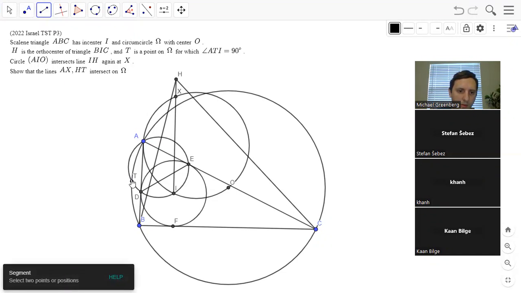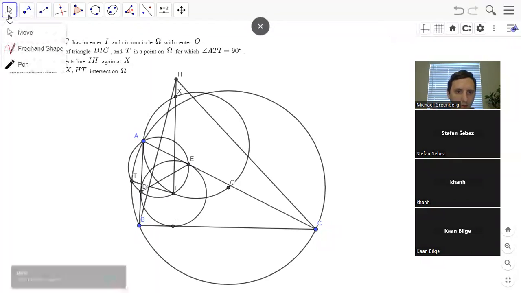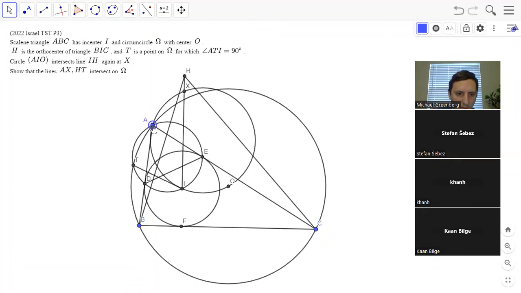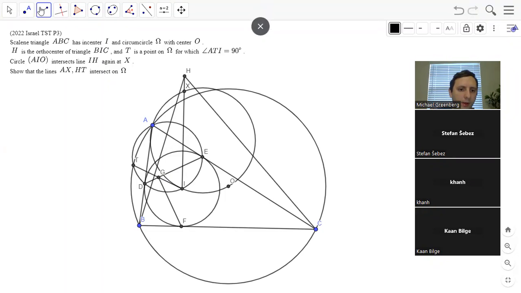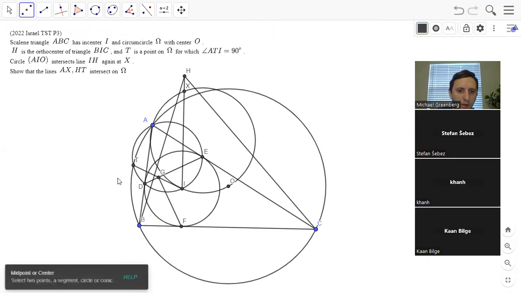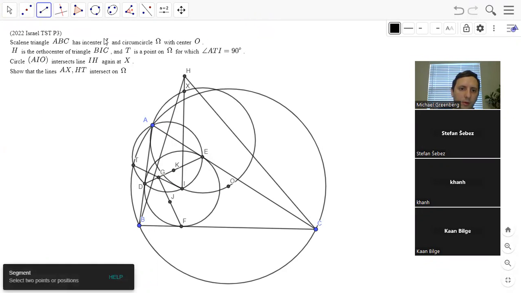First of all, we know this is perpendicular right here. And if you take the midpoint of this and the midpoint of DE, then those are collinear.